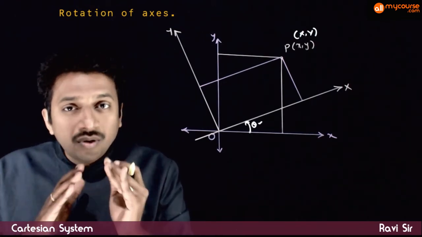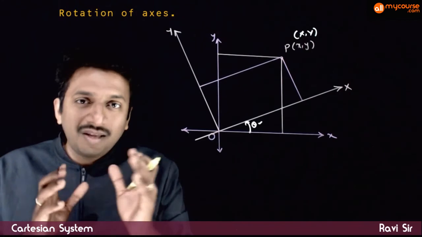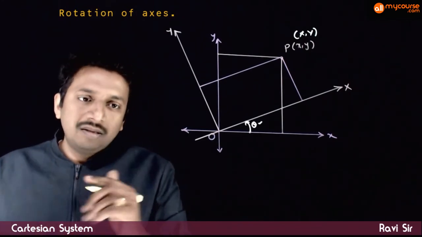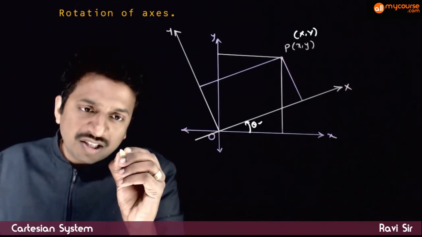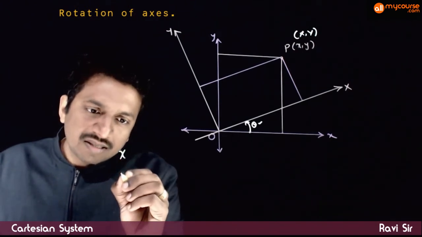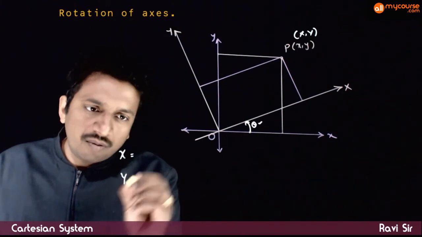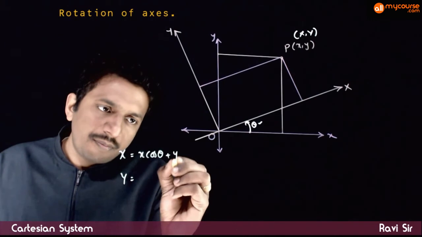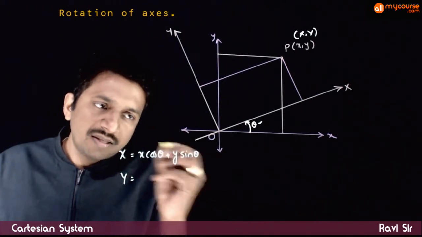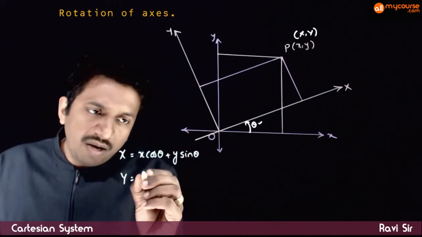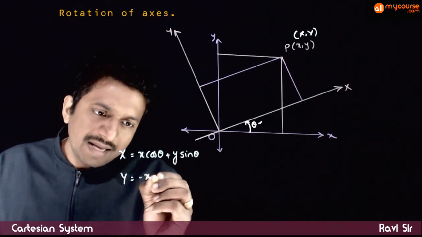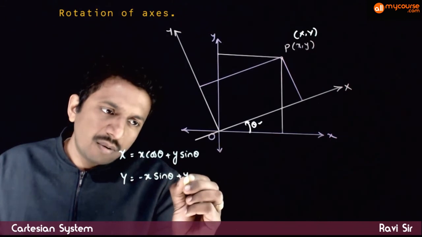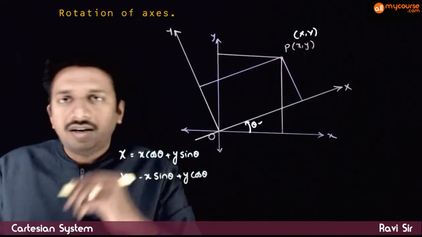Let me write the answer first and then let me try to derive this. Those interested only in the answer part can just remember the answer that we are writing and skip the derivation. So the transformation is something like this. Capital X is equal to small x cos theta plus small y sin theta. Capital Y is equal to minus x sin theta plus y cos theta.